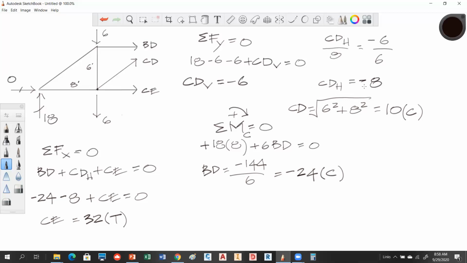I want to show you something. You don't need to do this, but I like to do this sometimes as a proof. If I independently solve CE using a moment, I should come up with 32, okay? So I'm going to do another moment. Now, you don't have to do this actually, but I'm going to just to show you, I have a proof on this that what I've done is correct.